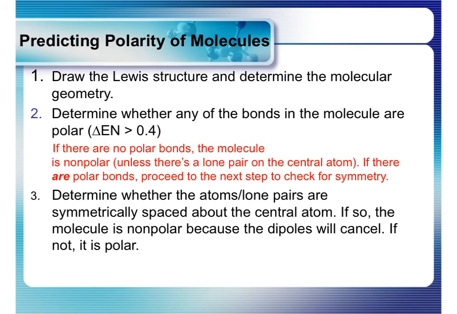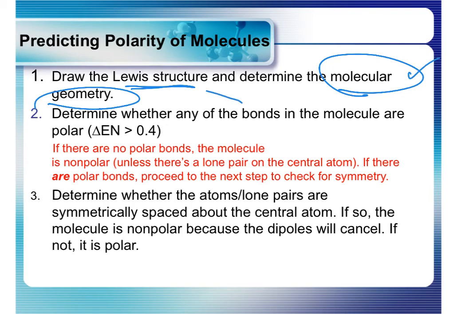The general procedure you'll follow for predicting the polarity of any molecule is you will always start out by drawing the Lewis structure and then determining the molecular geometry, okay? Obviously, you can't get a good molecular geometry unless you're able to draw a good Lewis structure. Then determine if any of the bonds in the molecule are polar. So you'll need an electronegativity table.